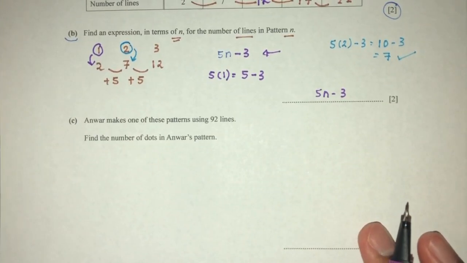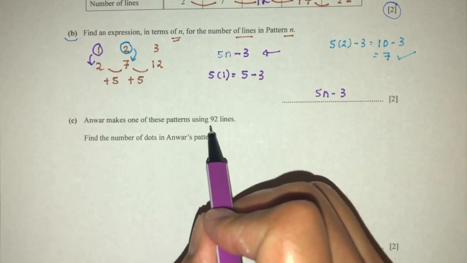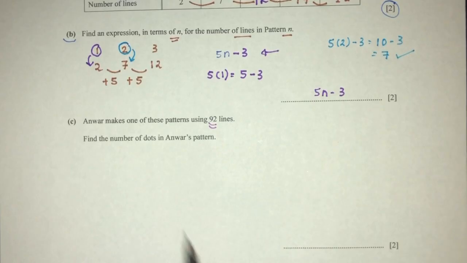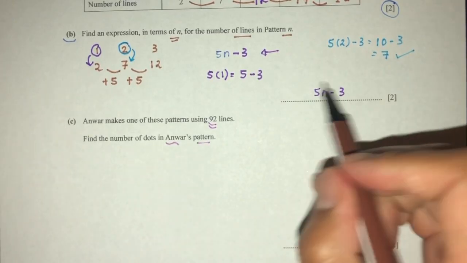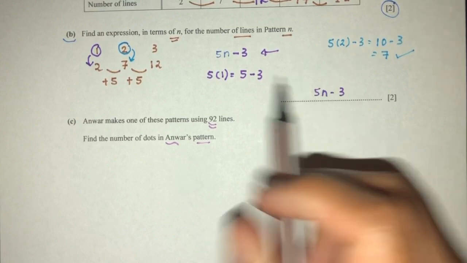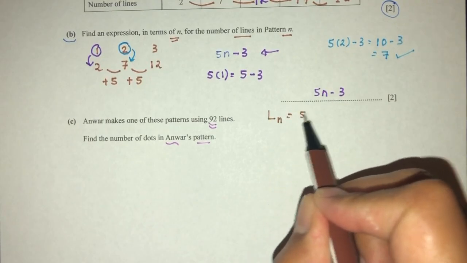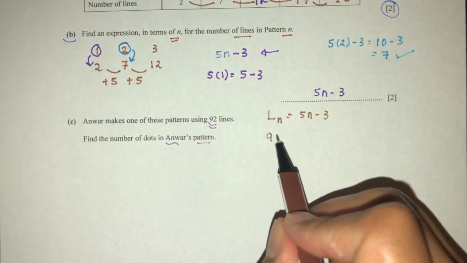Now for part C, Anwar makes one of these patterns using 92 lines. We have to find the number of dots in Anwar's pattern. So pretty easy. The term for the number of lines is 5n minus 3. The number of lines was 92.